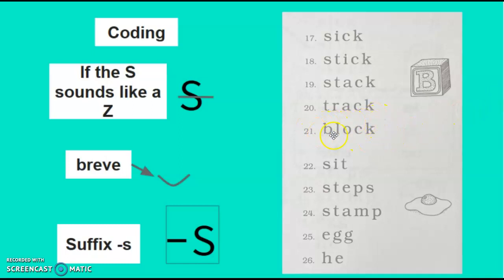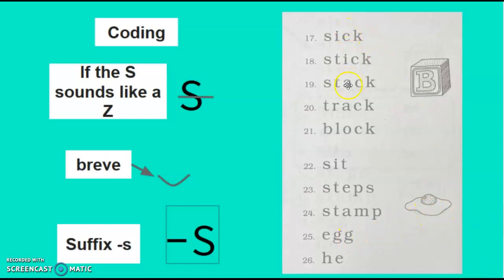Correct. 21 says block. Now look at 22 through 26. Which one says egg? Right. Number 25 says egg.